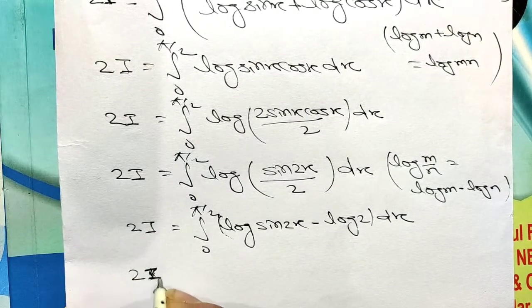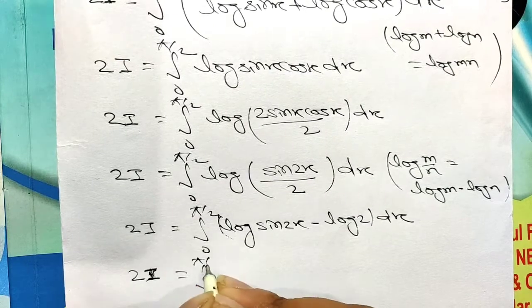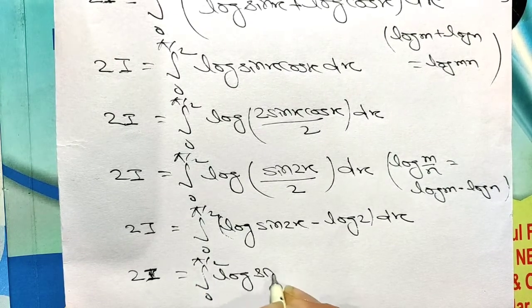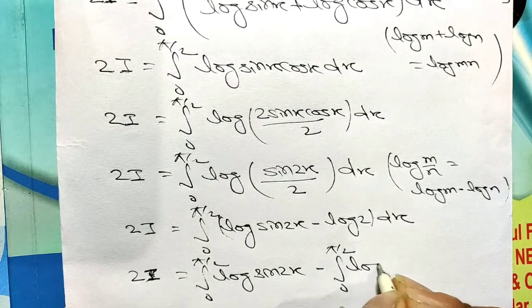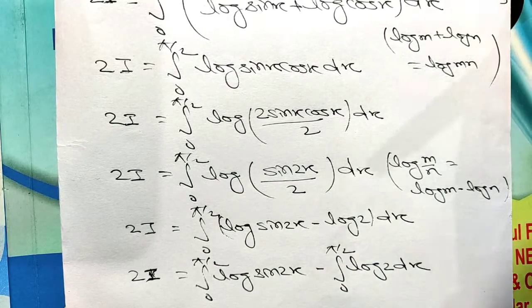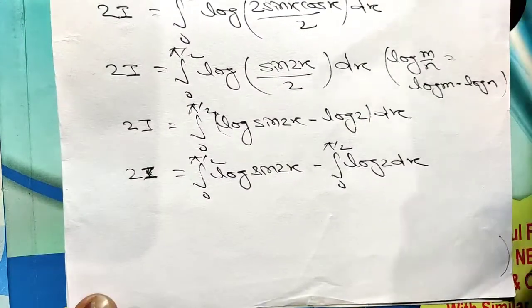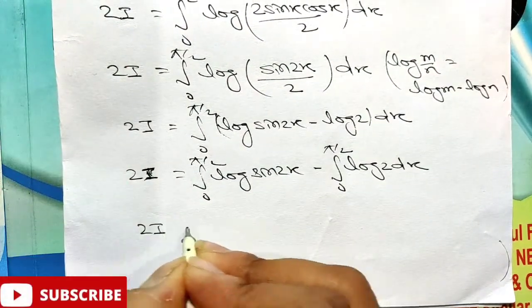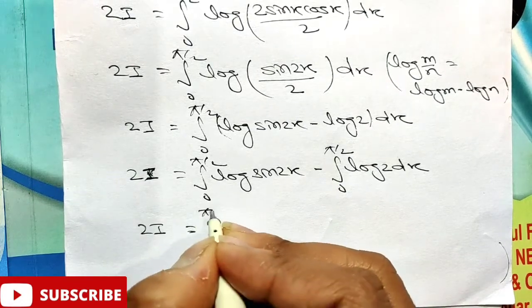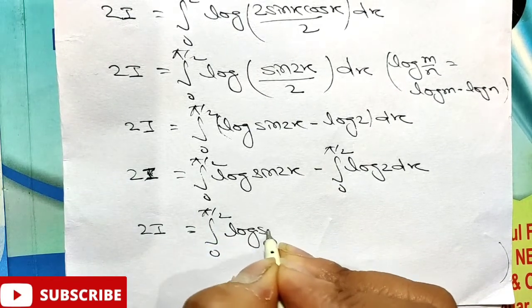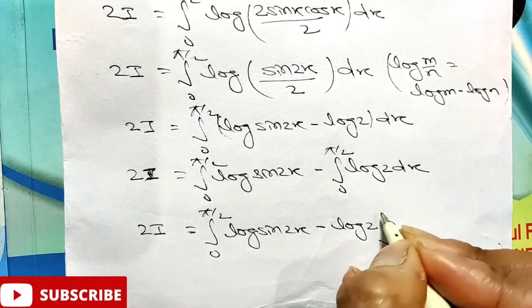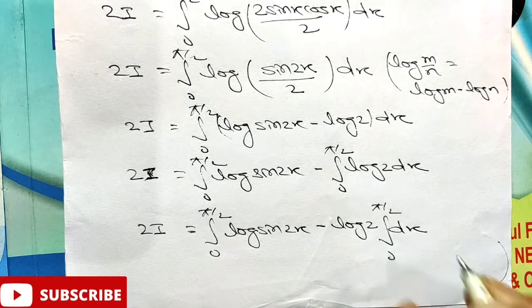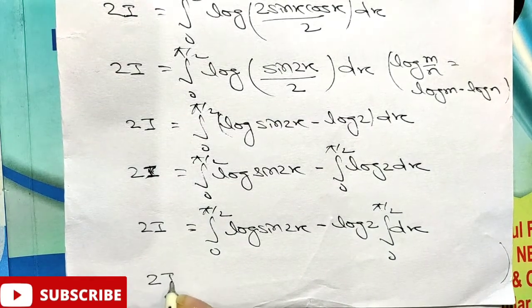Now we are going to integrate each term separately. The integral from 0 to pi by 2 of log sin 2x dx minus the integral from 0 to pi by 2 of log 2 dx. Now write log 2 outside: log 2 times the integral from 0 to pi by 2 of dx. So 2I equals, consider this integral I1.